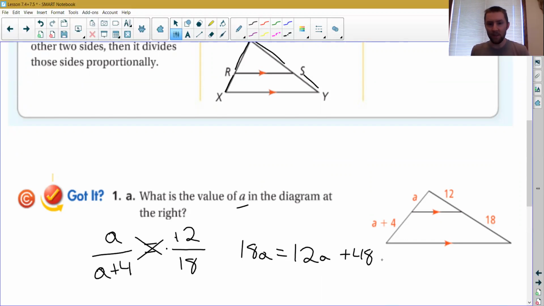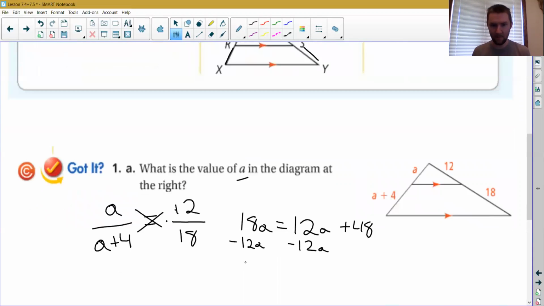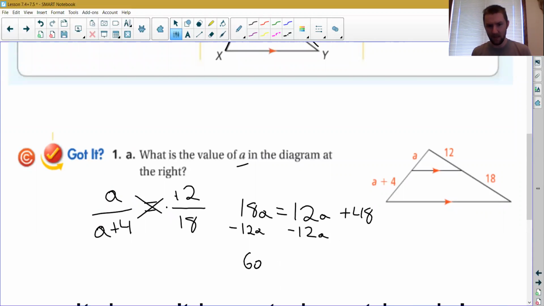So I end up with this equation that then I can solve for the value of a by simply moving all the a's to the same side, minusing 12a on both sides there. This becomes 6a equals 48. Divide by 6, I get A is equal to 8.